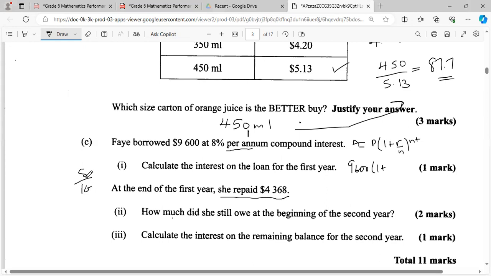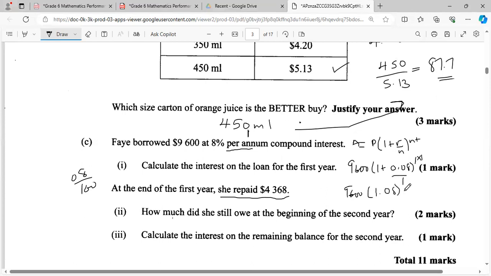I'm just going to convert this to a decimal, so that's 0.08. It didn't tell us it's compounded, so that's going to be over 1, and then times 1 because it's 1 year. So it's 9,600 times 1.08.